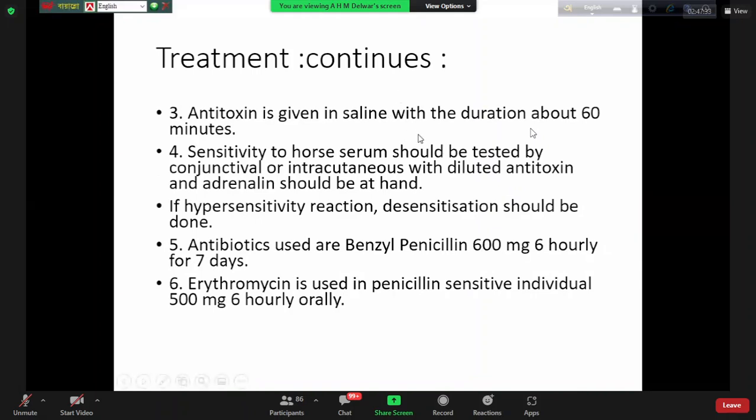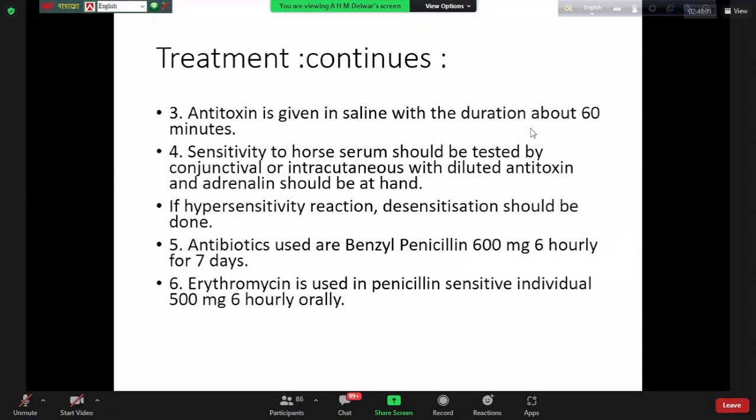Antitoxin is given in saline. It is important because there can be drug reactions to antitoxin. So antitoxin is given in saline over a duration of about 60 minutes, in dextrose saline or 5% dextrose normal saline.